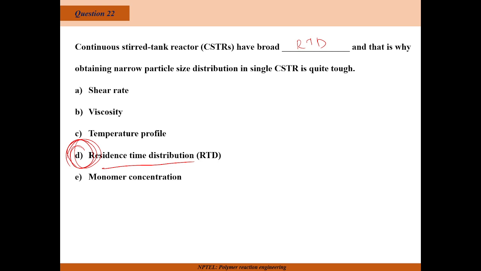Is it broad or narrow? Would it be a broad residence time distribution, or narrow? We are talking about the semi-continuous case. There we are controlling the flow of particles. We supply, say, X amount of reactants. It is not a continuous flow.